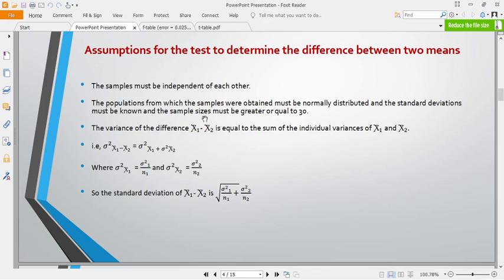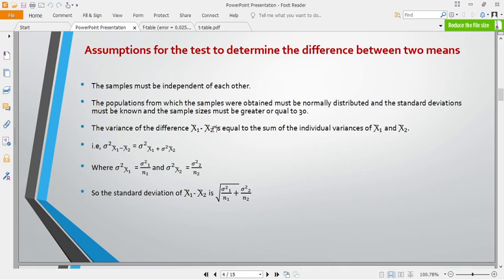The populations from which the samples were obtained must be normally distributed, and the standard deviations should be known. Remember, we are looking at a scenario where the sample is large, or n is greater or equal to 30, and then the variance of the difference of the means should be equal to the sum of the individual variances.